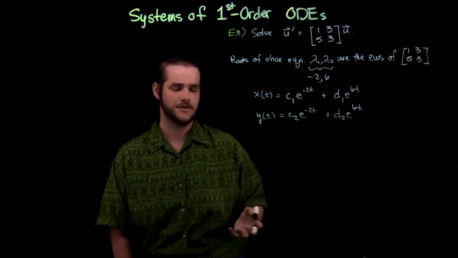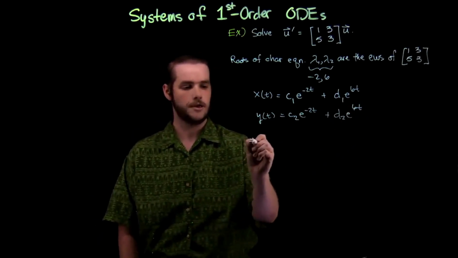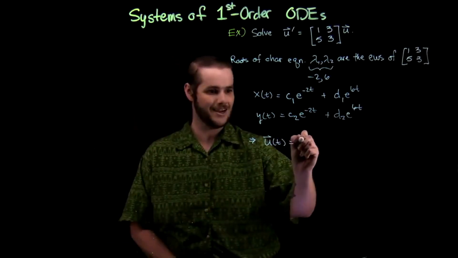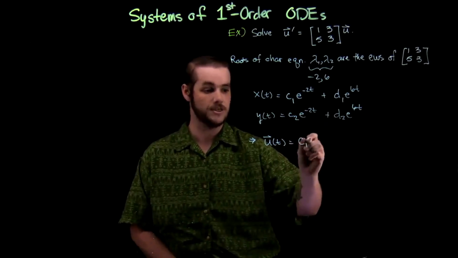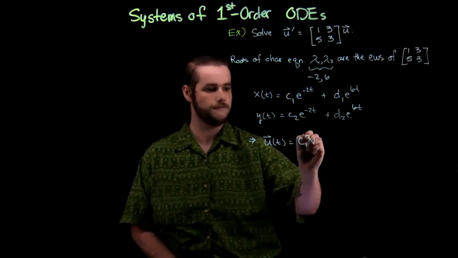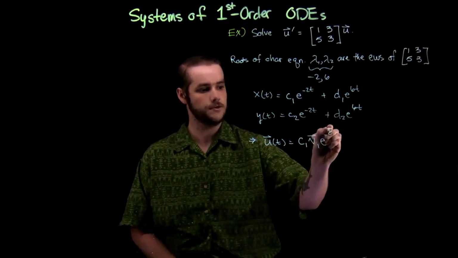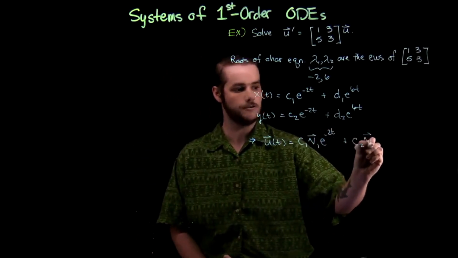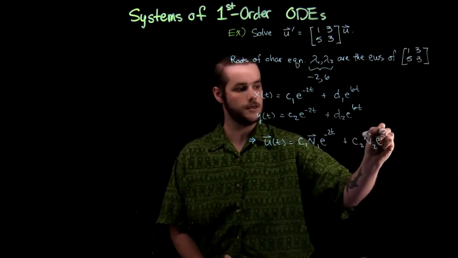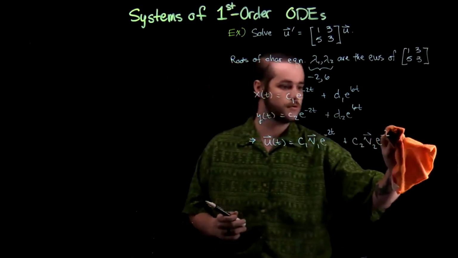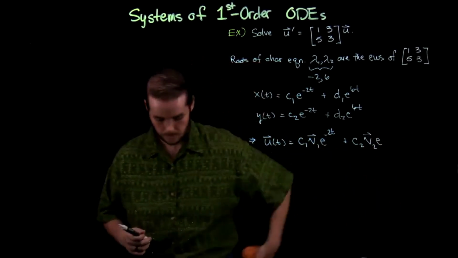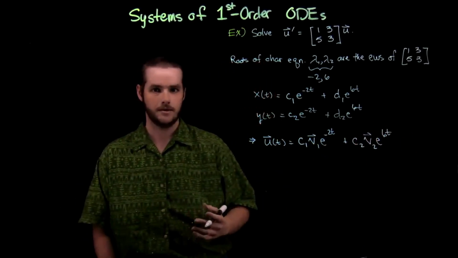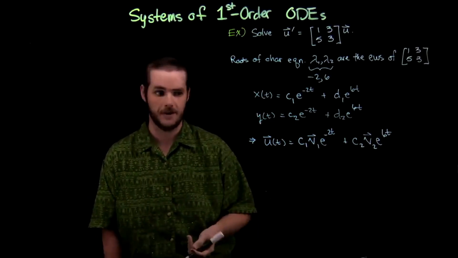If I combine this back into my vector equation, it tells me that u of t should have the form of a constant times some vector, call it v1, e to the -2t, plus a constant times some other vector, I'll call it v2, e to the 6t. All there's left to do is to figure out what those vectors are.